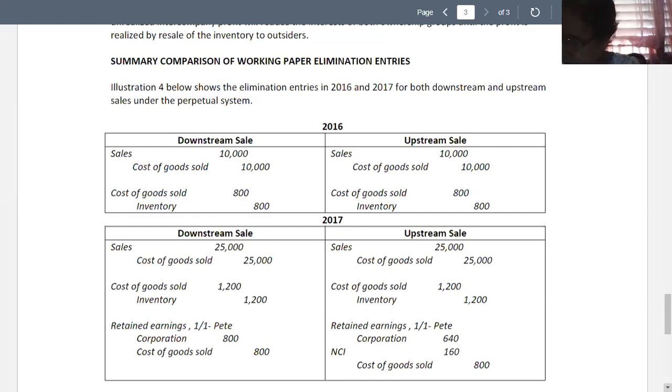For our computations of non-controlling interest, what's important is that in the last year, the non-controlling interest was given a share equal to 160 pesos. Okay? I think we will involve more of these problems in our book of Dayag. So we will just take time in the book of Dayag to consider these terms, upstream and downstream.